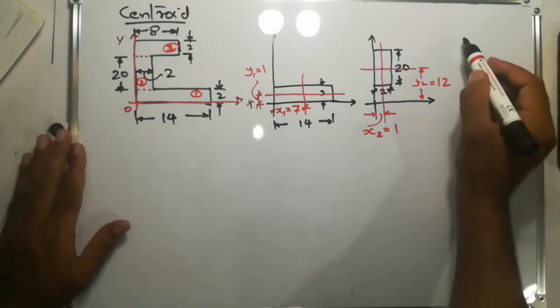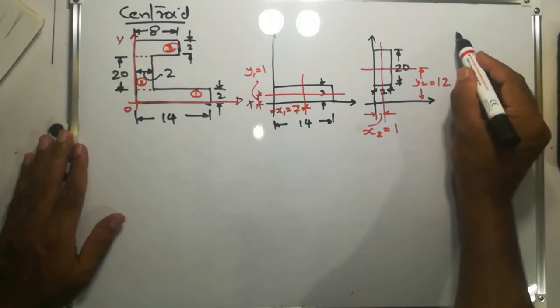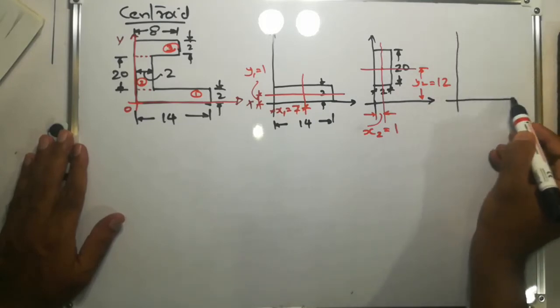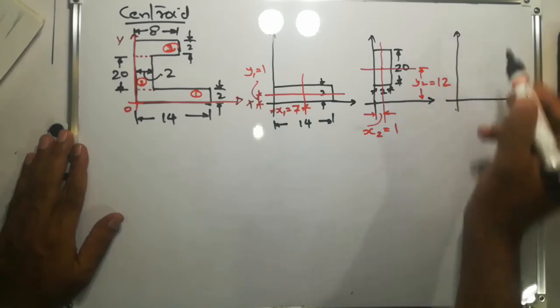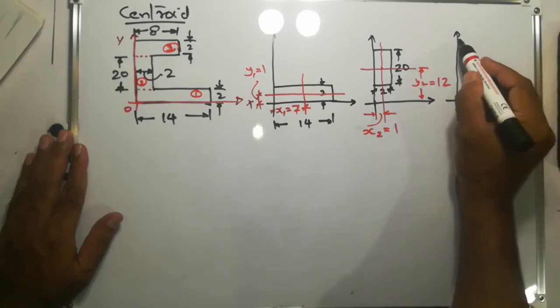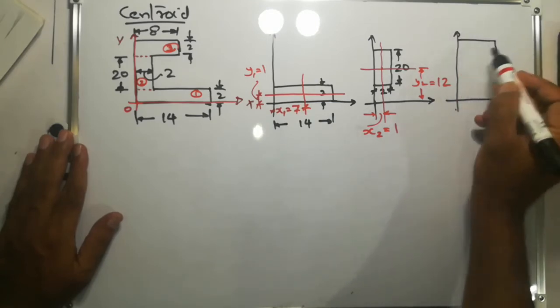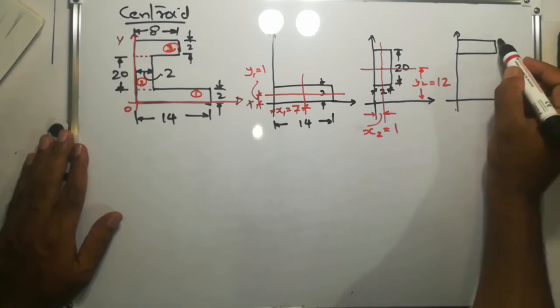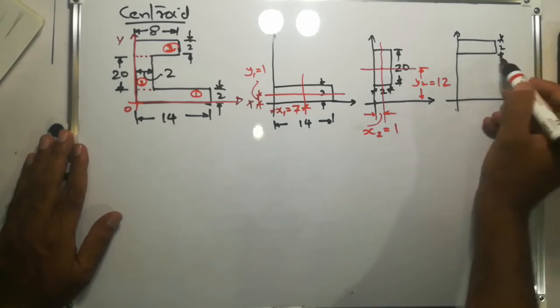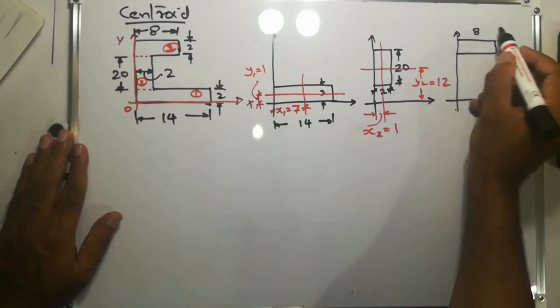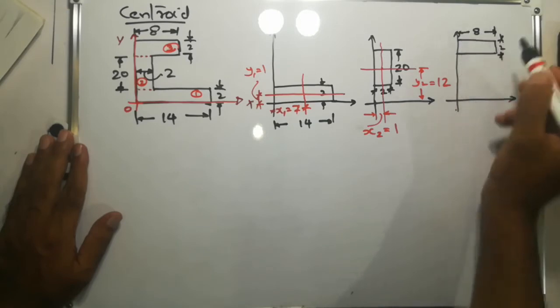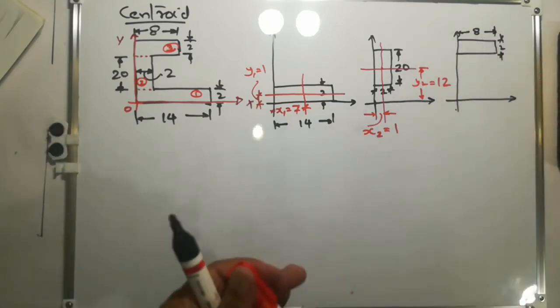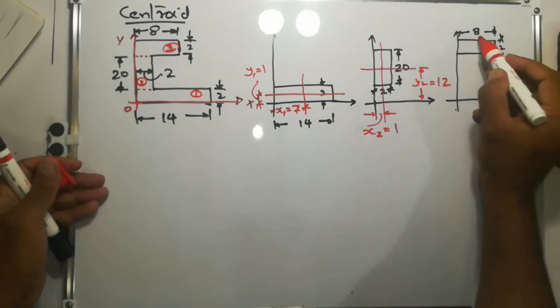For the third area, we draw the same reference axis, and the third area is like this. So this distance is 2, this distance is 8, and its centroid will be like this.